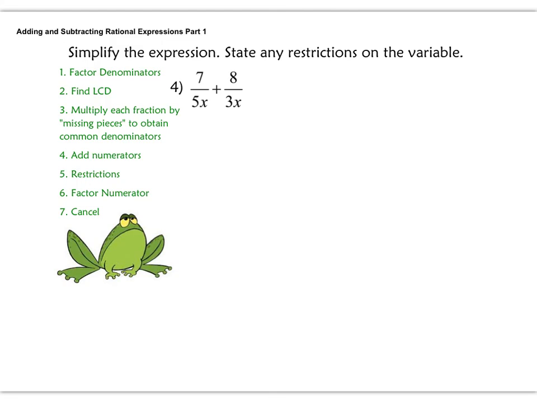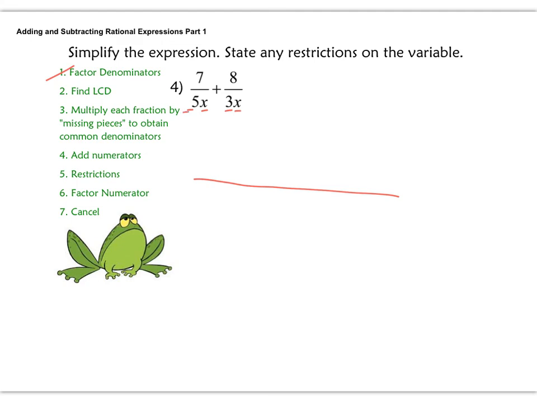All right, number 4. Factor denominators. Neither of those factor. They're just one term, so there's nothing I can do with those. So done. My LCD. Now notice these are not super glued, right? There's no plus or minus signs holding them together. So I have a 5, an x, a 3, and an x.